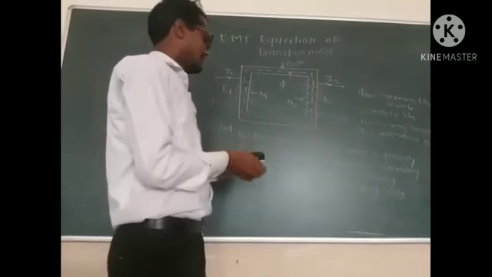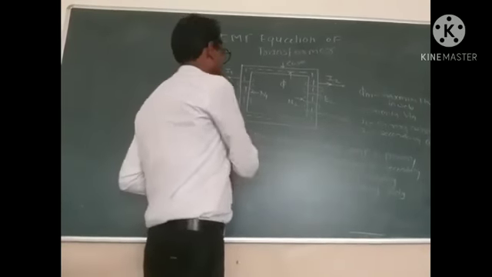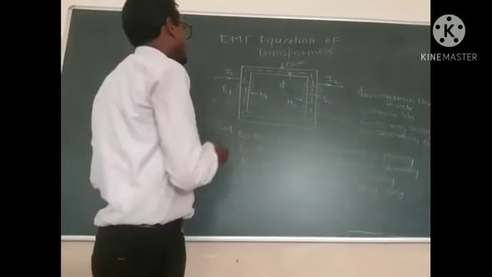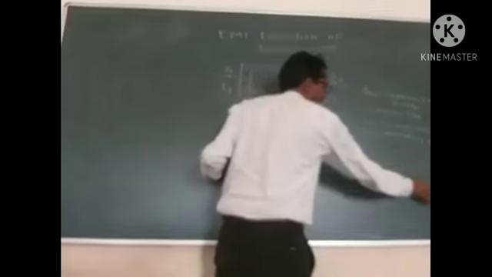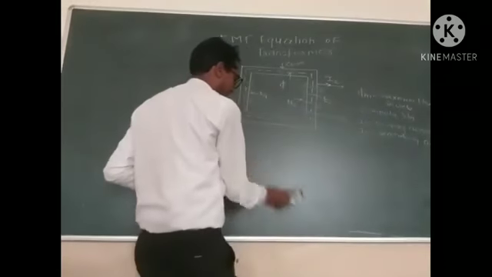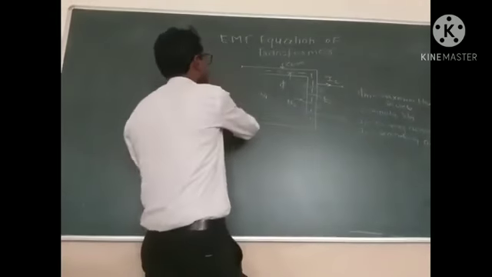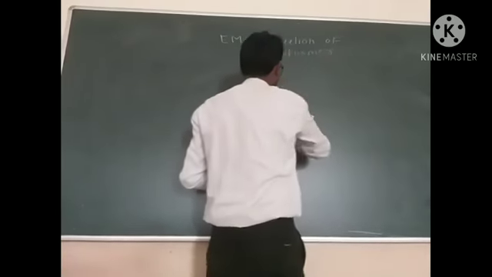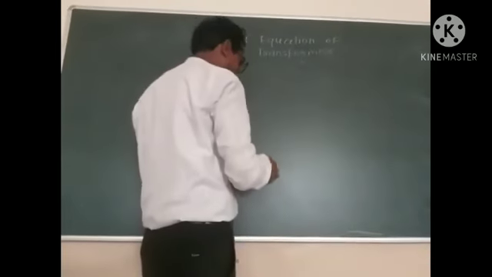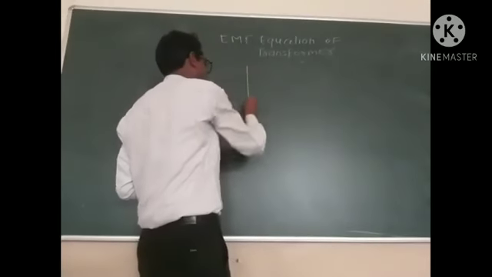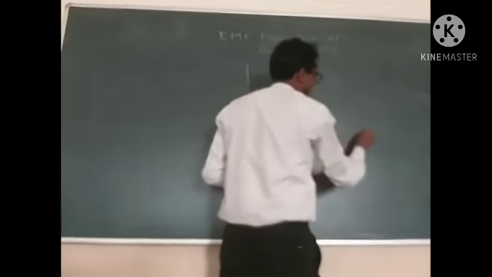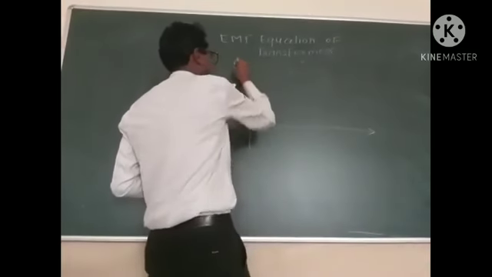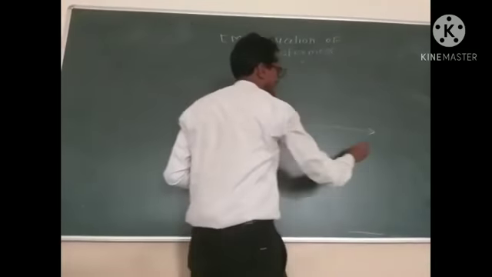So let's start the EMF equation. After that we have to draw a single graphical format of flux versus time. We have to draw this. This is the flux and this is the time.